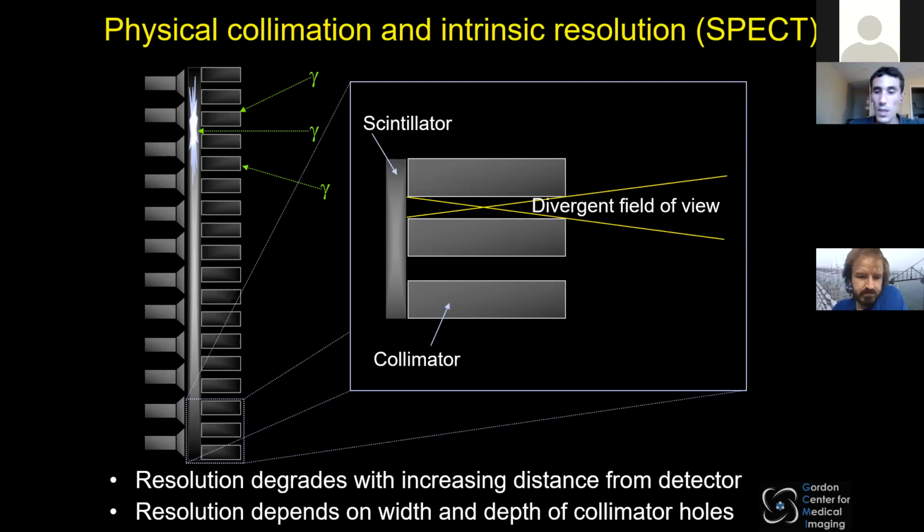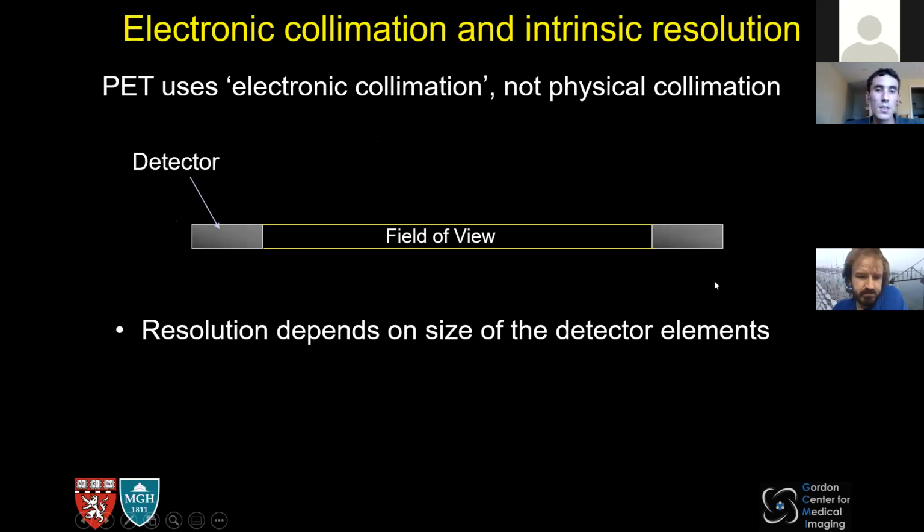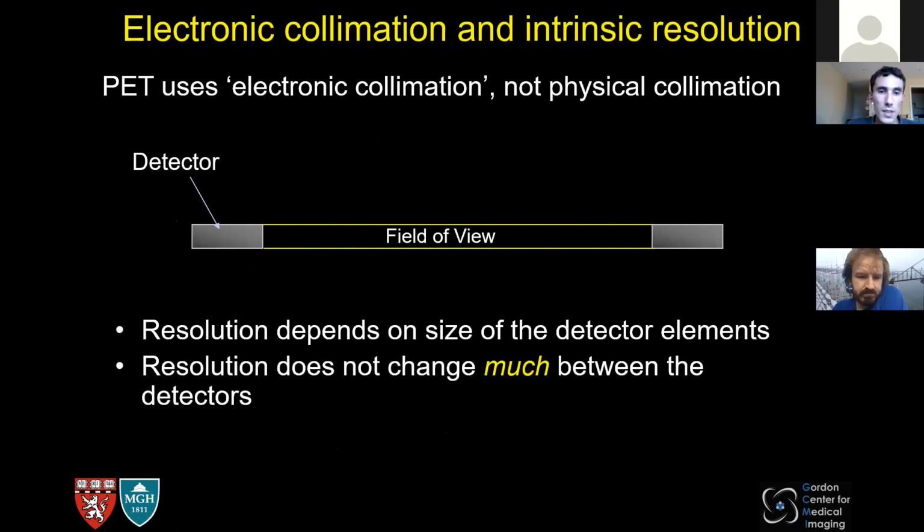Of course, in PET, as you know now, we do not use any collimators. We use coincidence detection, or electron annihilation. Here, the key thing that's going to determine your spatial resolution is the size of the detector elements. If you have larger detectors, you're going to have a worse spatial resolution than if you have smaller detectors.